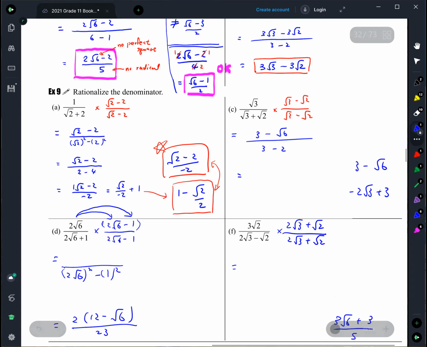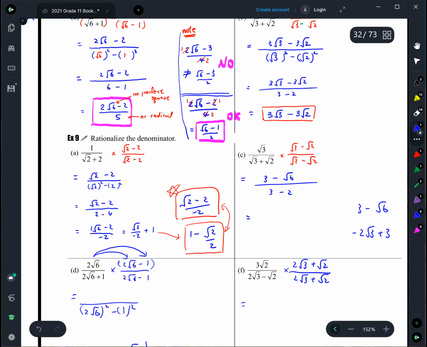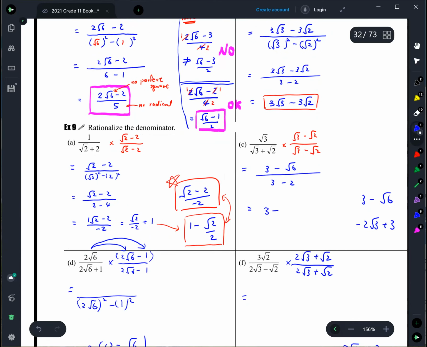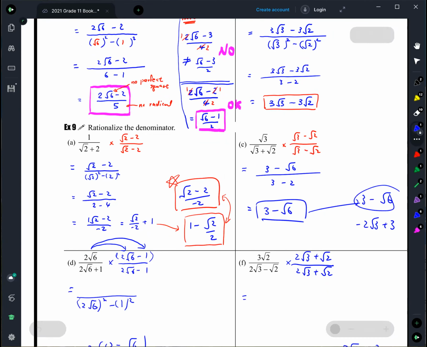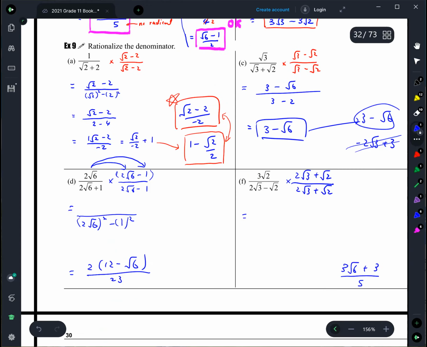Just like the previous question, if it's over 1, you don't need to write it. So you just leave it as 3 minus √6. Any questions for question C?